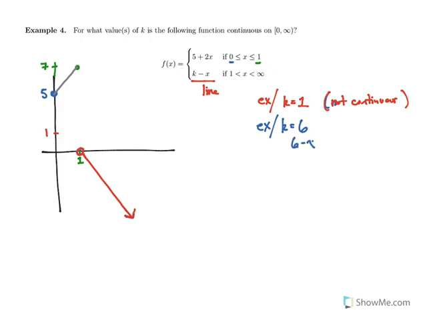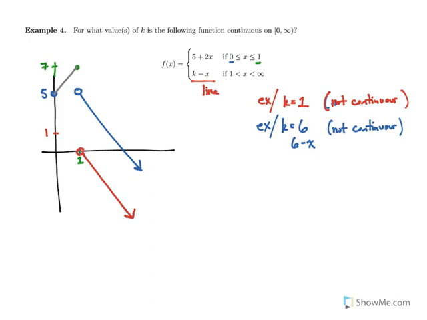So we have 6 minus x here. If you plug in 1, you get 6 minus 1 is 5. This function is going to look like this, which is also not continuous.